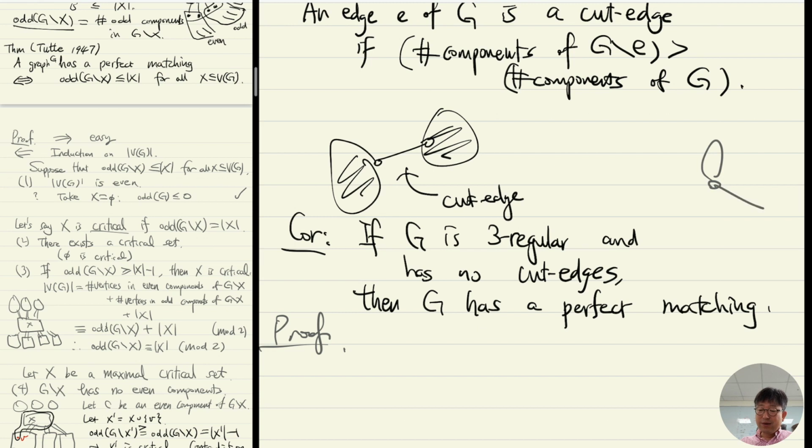If I have a loop, then that's a vertex of degree 3, and this will become a cut edge. So there's no loop. How about parallel edges? If I have parallel edges, let's see what happens.